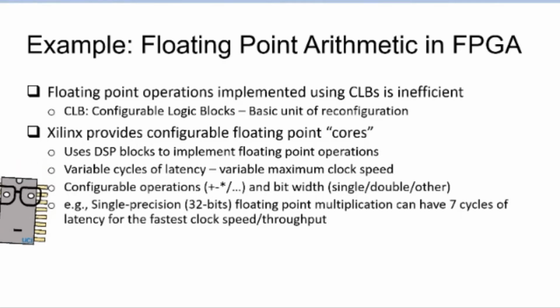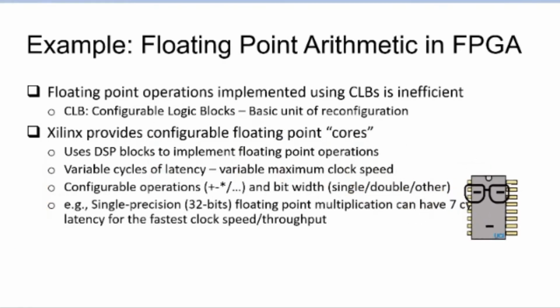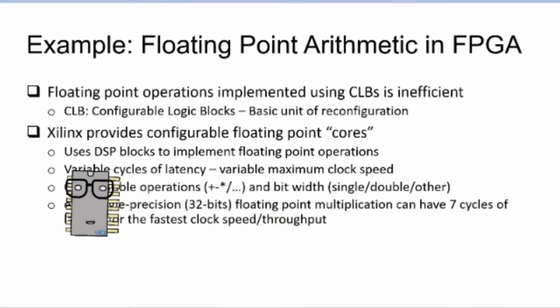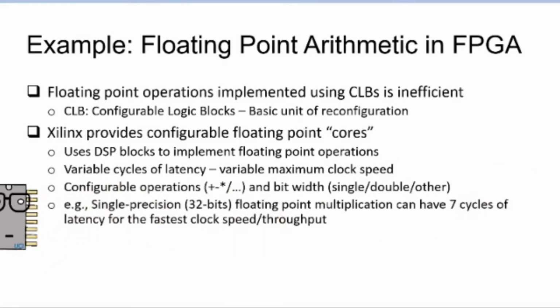And it can be configured to do either addition, subtraction, multiplication, division, sine, cosine, square root, things like that. It can also be configured to have variable bit width. It can be single precision, double precision, whichever. You can make floating point multipliers of 17 bits wide. That's one of the strengths of FPGAs. It can do fine-grained optimization for your applications.